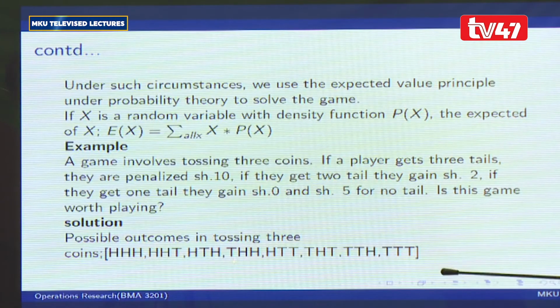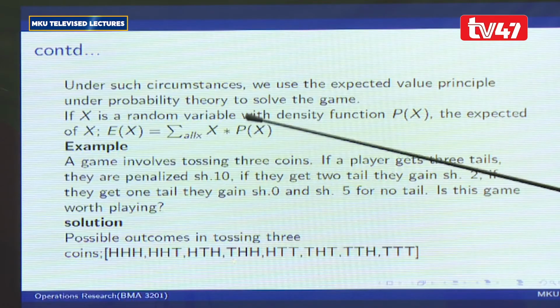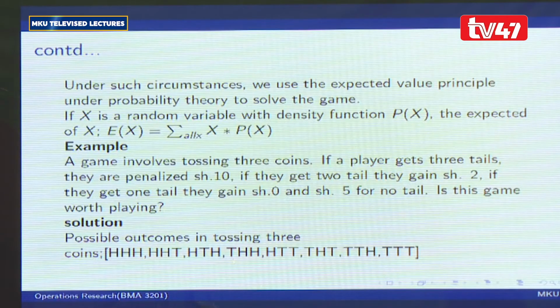We can do an example to illustrate the principle of expected value. Consider a game involving tossing 3 coins. You toss the first coin, the second coin, recording the observations you make of every toss. Now, we know that a coin has 2 sides, heads or tails, and the probability of any of them showing up is a half.